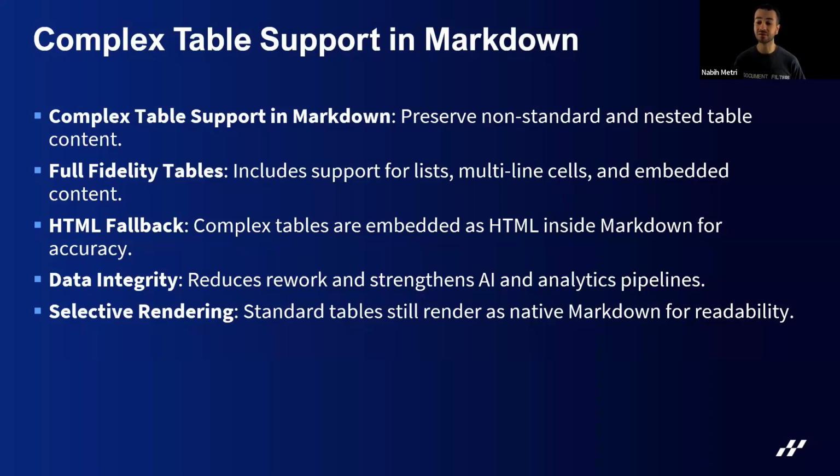This ensures that every cell and list stay intact, even in challenging formats like regulatory filings, scientific papers, or business reports. For AI systems that extract and analyze tabular data, like risk assessment models or compliance review, this means better data inputs and more consistent results.